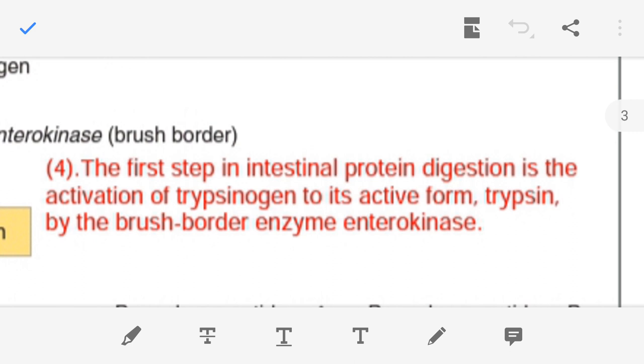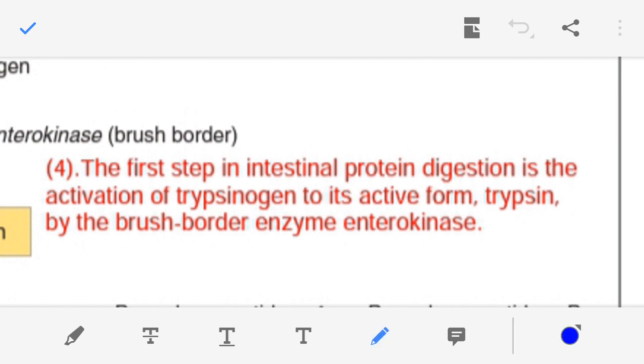Now what happens in intestinal protein digestion? So the first step in intestinal protein digestion is the activation of trypsinogen. Trypsinogen is in the inactive form, so we have to convert it into active form, and the active form is trypsin.